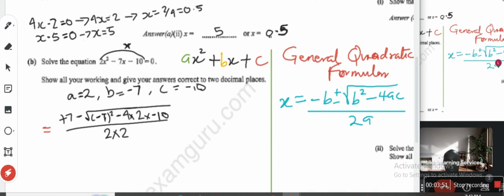Which is just substituting these values a, b, and c into this. Minus b will now be minus minus 7, because b is minus 7. So minus minus 7 will give us 7. That's correct. Minus 7 all squared.